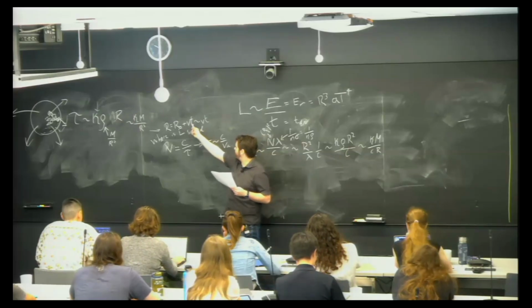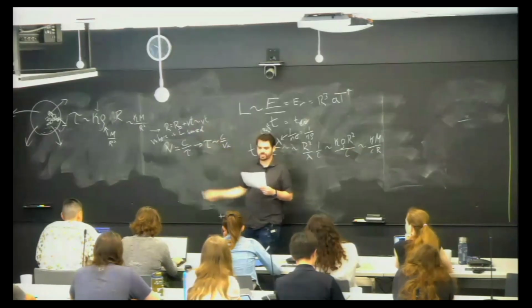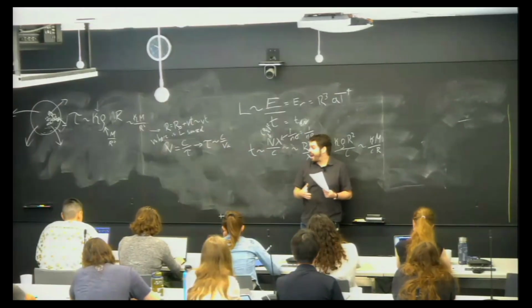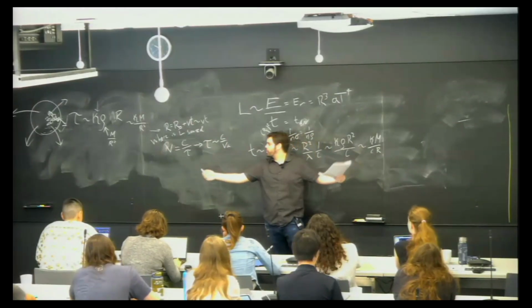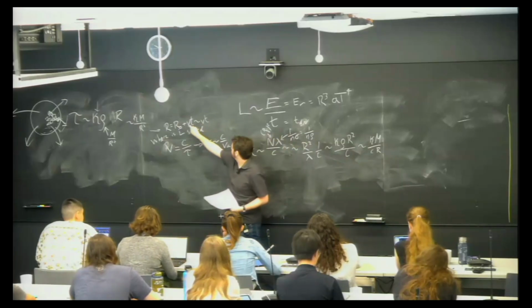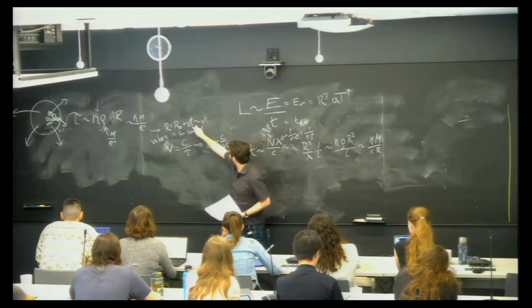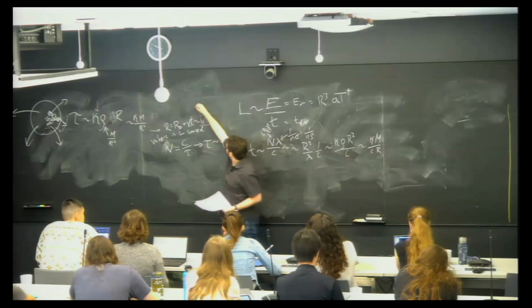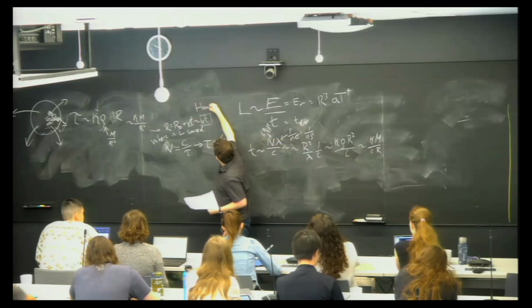So your time becomes like 10 to the 5 seconds, which is a day or so. So after the first couple days of the supernova, at least in the outer layers, this more strict condition, called homology, is satisfied.